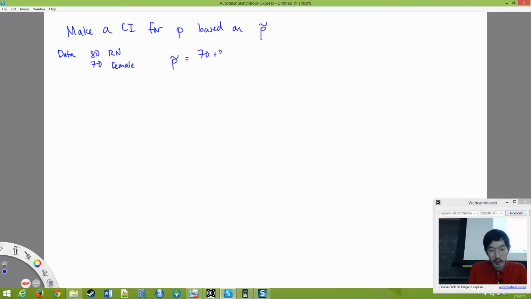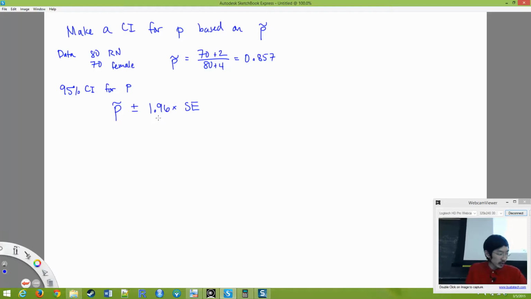So p tilde is 70 plus 2 over 80 plus 4, which is 0.857. Our 95% confidence interval for p is going to be p tilde plus or minus 1.96 times our standard error.